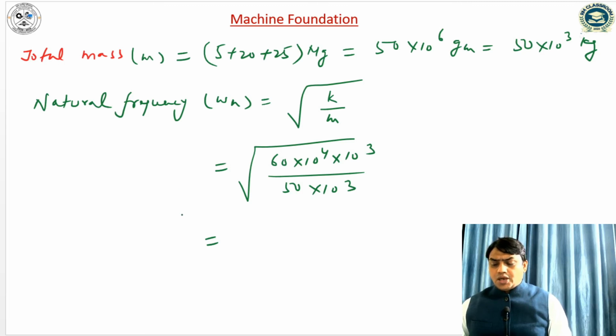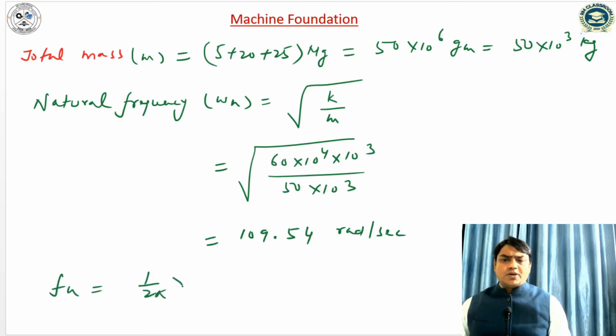So omega n is 109.54 radian per second. So Fn can be computed as 1 by 2 pi into 109.54, which is 17.43 cycles per second, the natural frequency.